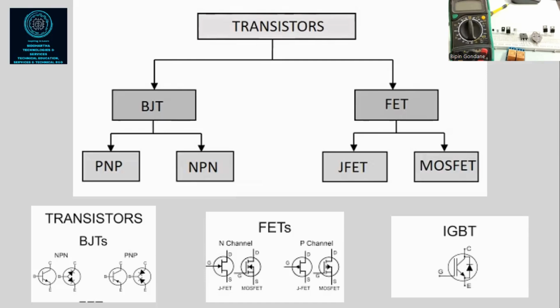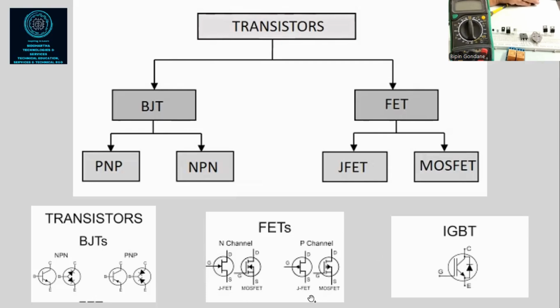So a very important part is you should be able to understand BJT symbols, that is PNP and NPN symbols. I have seen students getting confused by these symbols. Same thing happens with the FET symbols. How you have to draw it, if it is an N channel and P channel, as you can see here.